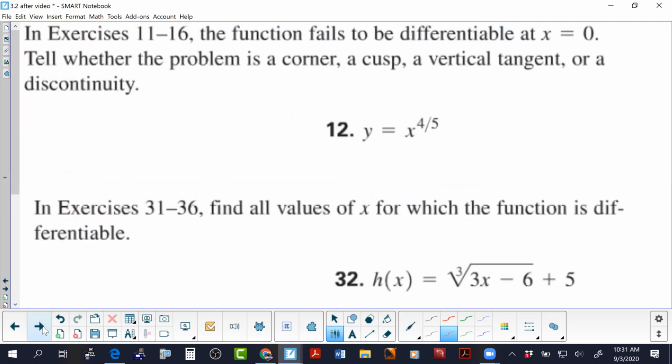The function fails to be differentiable at x equals 0. Tell whether the problem is a corner, a cusp, a vertical tangent, or a discontinuity. All right, so we're going to use calculators for that.